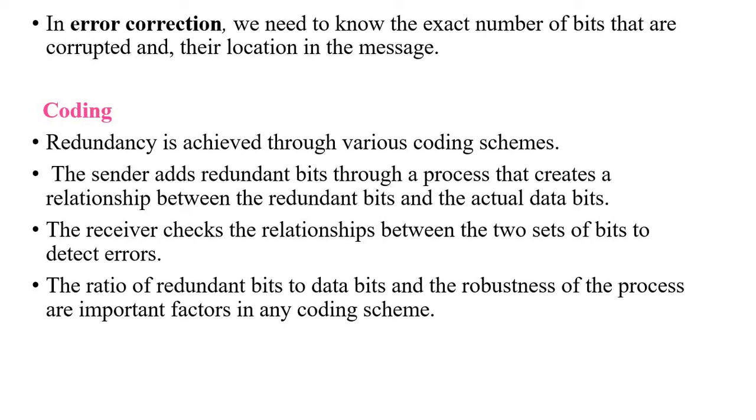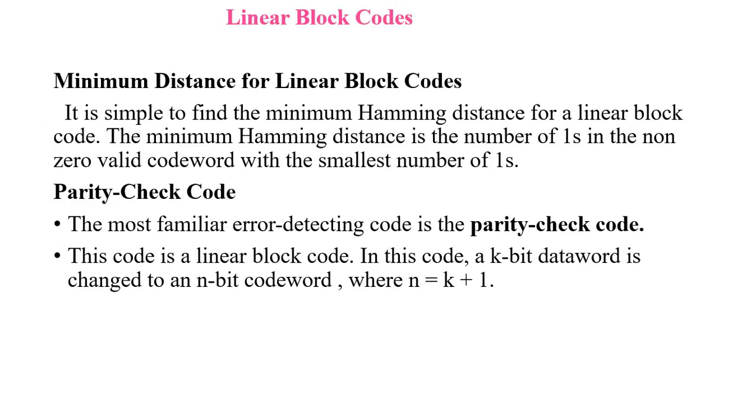So we go for coding. The redundancy will be achieved through various coding schemes. The sender adds redundant, extra bits, and the receiver checks for this in a predetermined format, and if there is no error, these will be taken out. This can be called an error detecting approach.